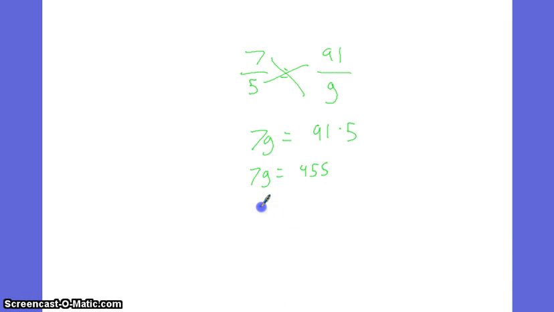Then we're going to divide by 7 on both sides to find out that g equals 65.